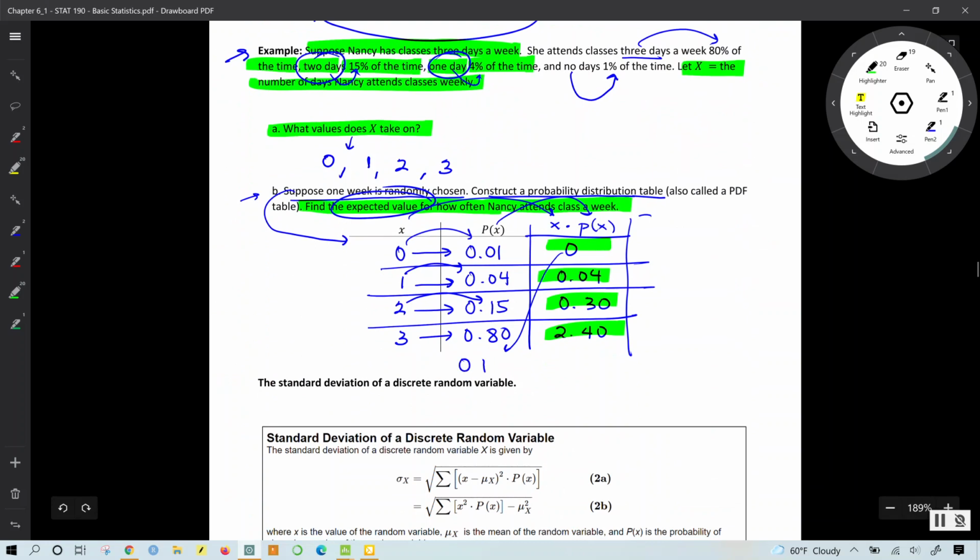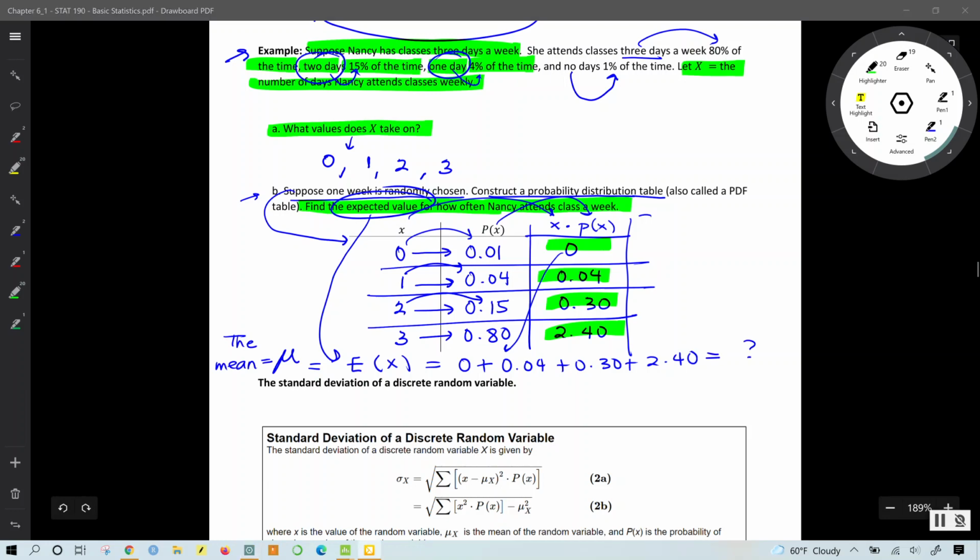this 0 plus 0.04 plus 0.30 plus 2.40, and that will be equal to the expected value that this question wants. Remember, the expected value is exactly the same as the mean, which is otherwise written as mu. So this will be equal to what value?